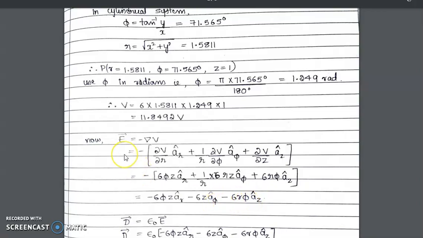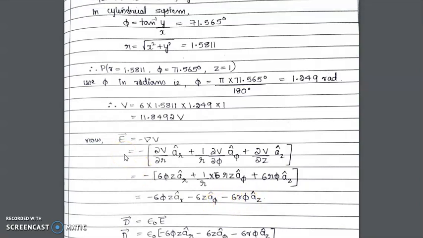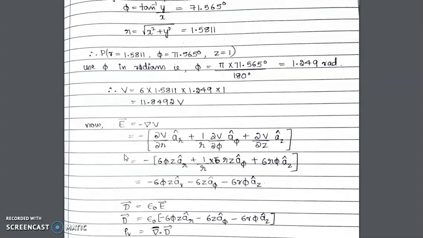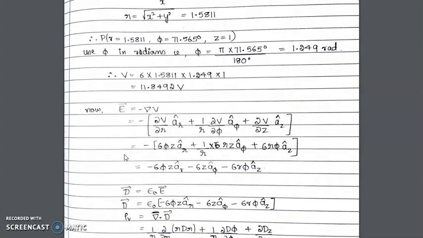Now to obtain electric flux density using the relation between electric field intensity and electric flux density, we can write D is equal to epsilon naught into E. So substitute E and keep it as it is, as rho component, phi component and Z component.